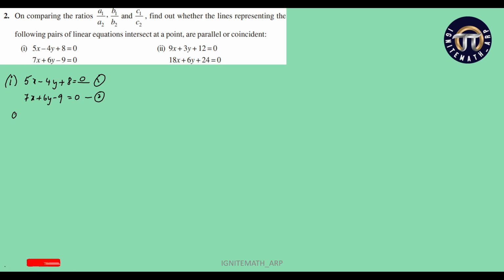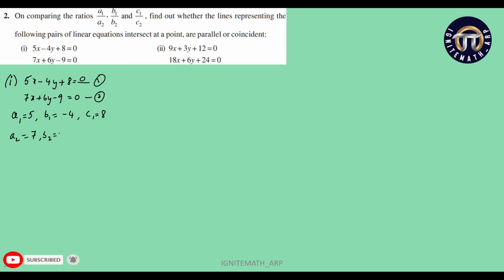First of all, before you go for the ratio, write down the values of a1, b1, c1, a2, b2, c2. a1 is the coefficient of x in the first equation, that is 5. Then b1 is equal to, don't write only 4, along with the sign you should write, that is minus 4, and c1 is equal to 8. Then a2 is equal to 7, coefficient of x in the second equation.